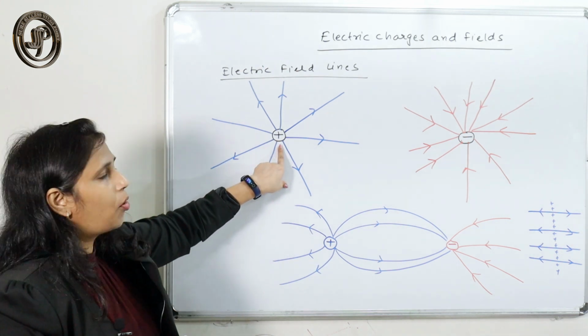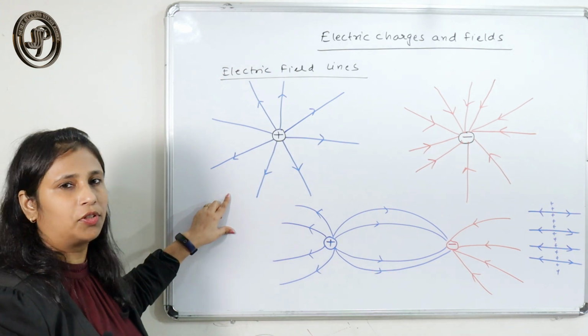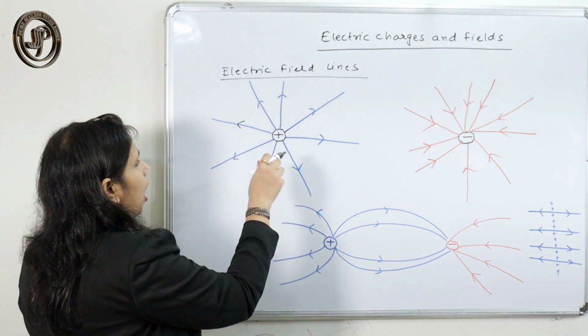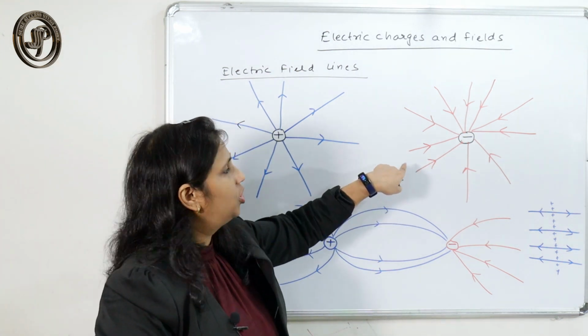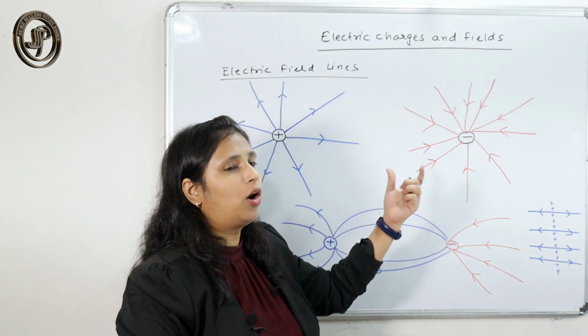For a positive charged body, the direction would be radially outward. And for a negatively charged body, the direction is radially inward. That is for a single positive or negative charge.